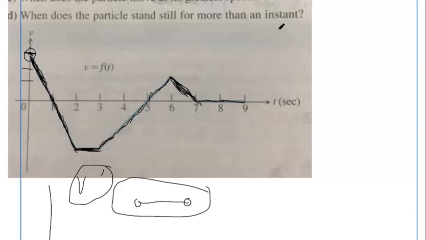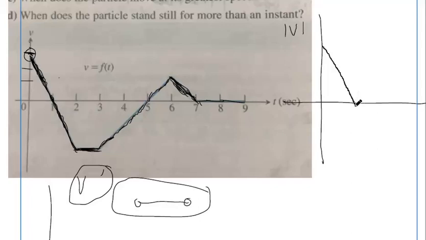So if you want to graph the speed, just take the absolute value of this graph here. The absolute value of positive numbers are positive numbers. I don't know if you can tell without knowing the y-axis. That plateau. So I'm just looking at it and taking the absolute value.